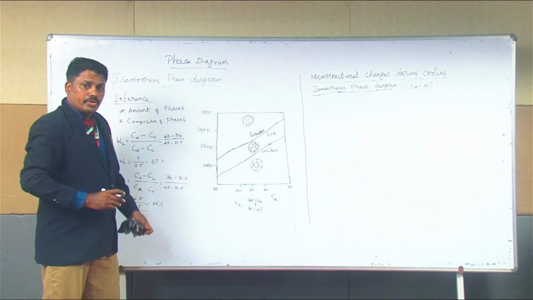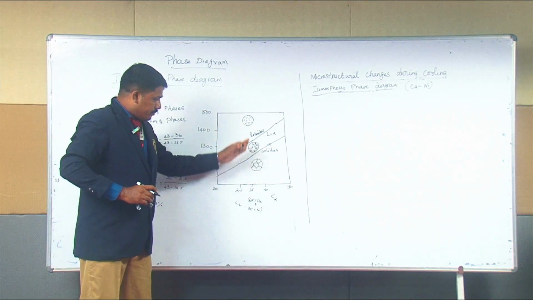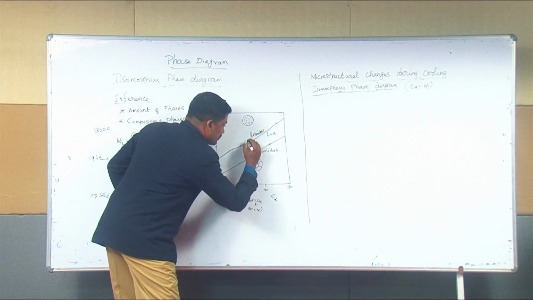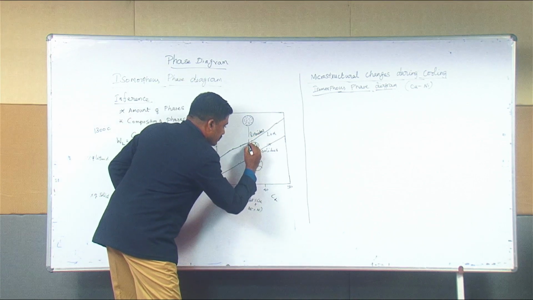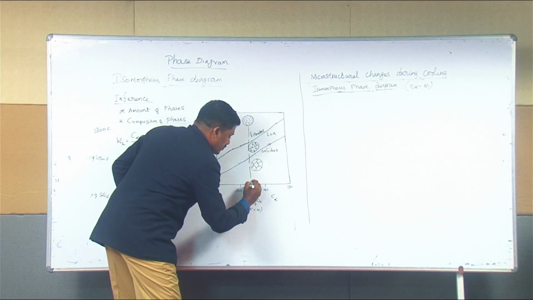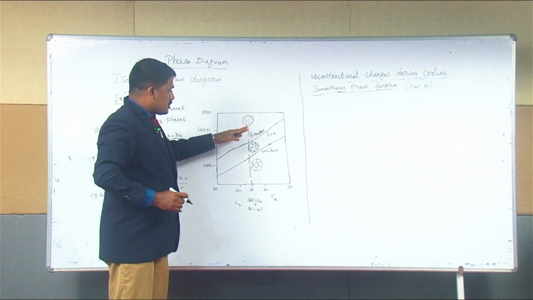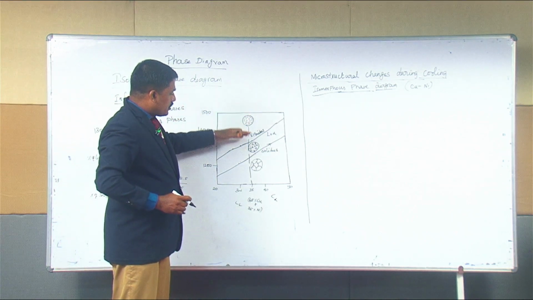So for a specific composition range, the given alloying system or isomorphous system exhibits three different stages.